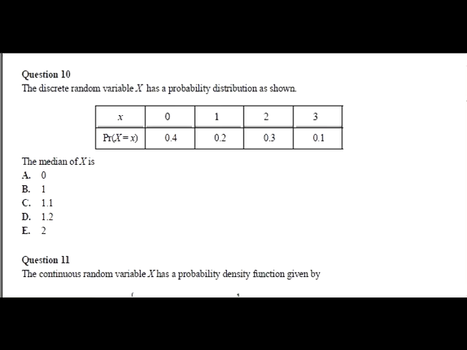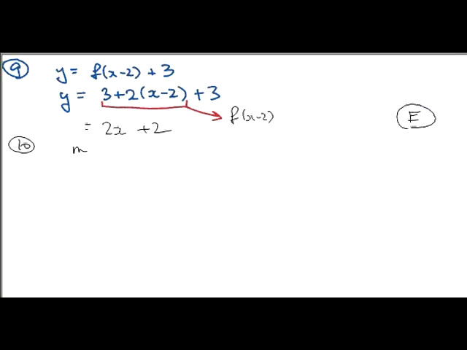Whatever number you use to pass 0.5, that's the median. And if you get exactly onto 0.5, then you have to go halfway between this number and the next number. So yeah, let's do that. So we're up to 0, and we've got a probability of 0.4 so far. When you get to 1, oh look, 0.6, we've passed 0.5. The median is 1.